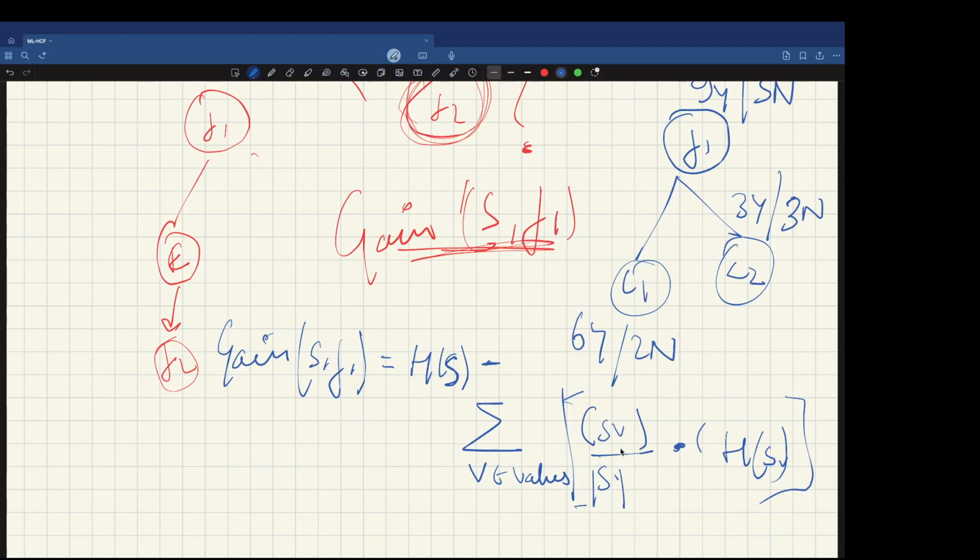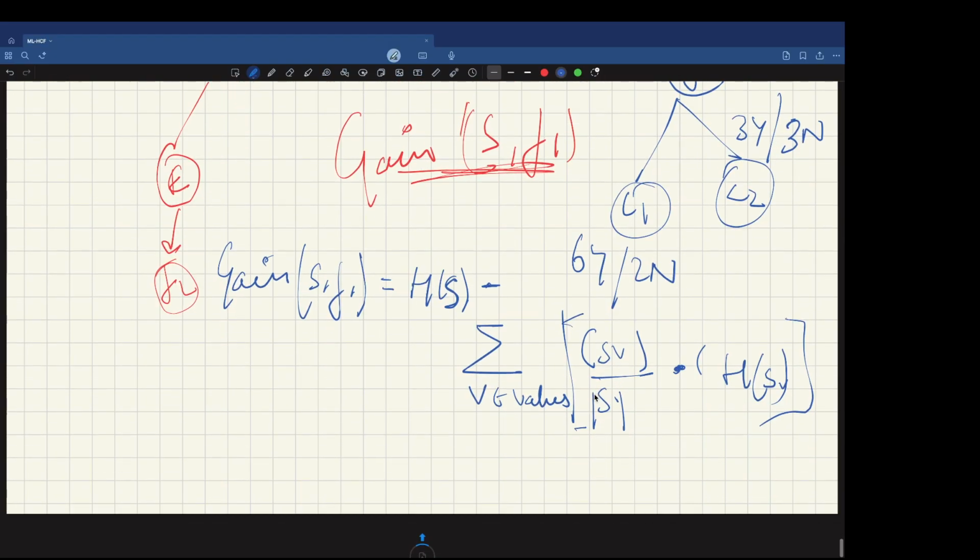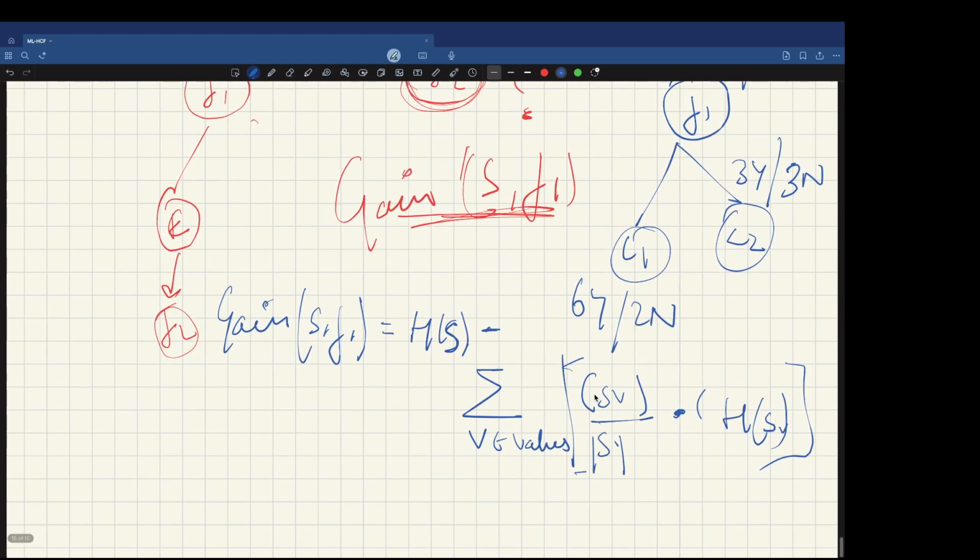Okay guys, see what is F1, the feature we want to make the root node. Does this feature deserve to become the root node? Then H of S is nothing but the entropy of that node, what we just calculated above, the entropy of that root node, right?